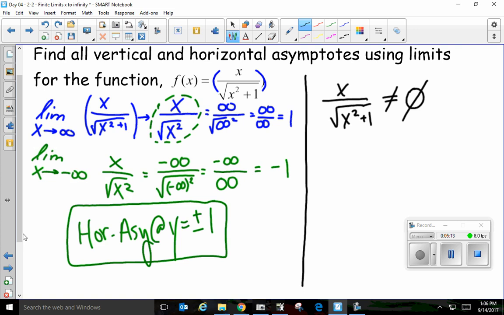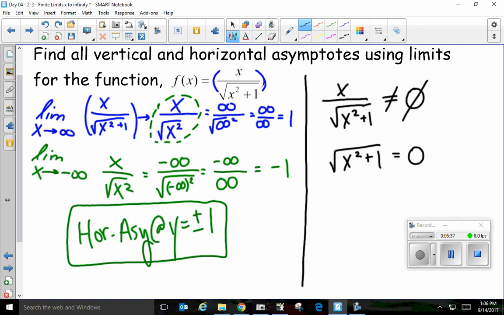The x on the top really doesn't matter. That can be positive, negative, it can be 0. So let's look at the denominator. What about the denominator makes an expression undefined? Yeah, if the denominator is 0, it's undefined. So this would have to equal 0.